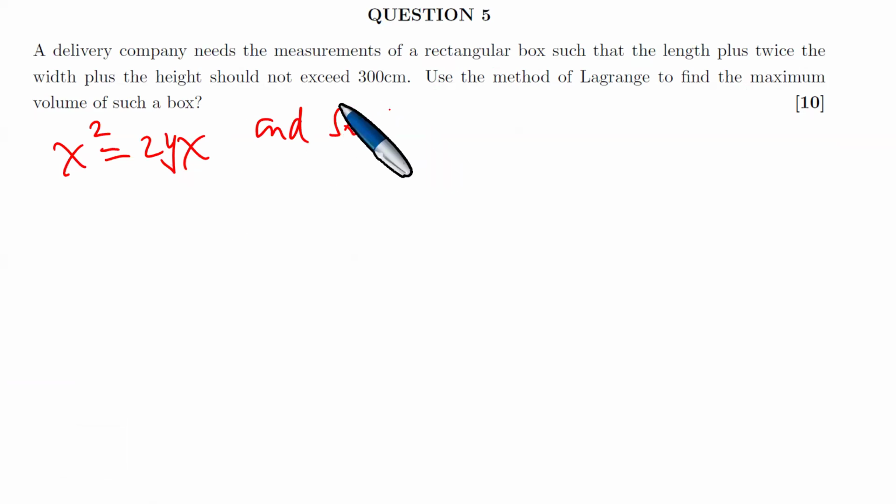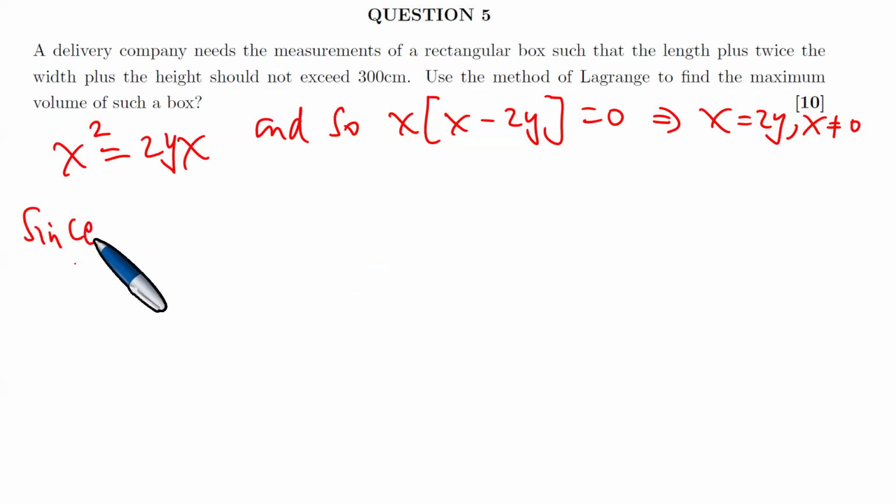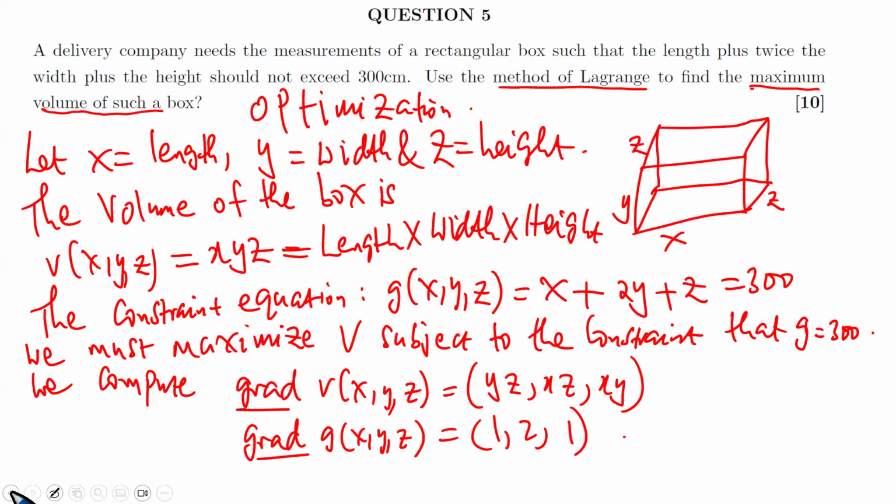Now here you can do anything. Pulling out x, it's x minus 2y equals 0, and this means that x equals 2y. X is not 0, so x is 2y. Okay, what is the constraint equation?